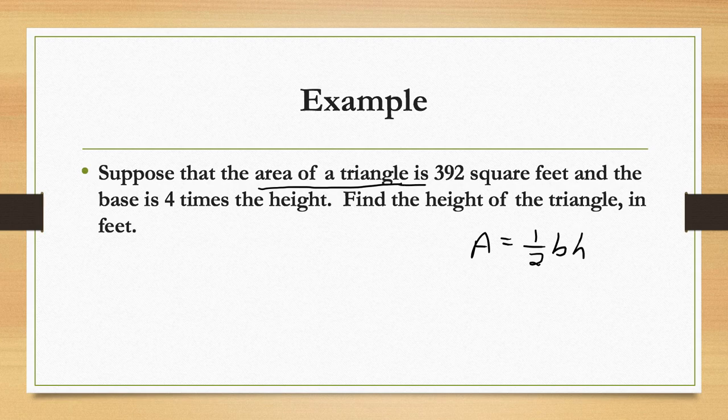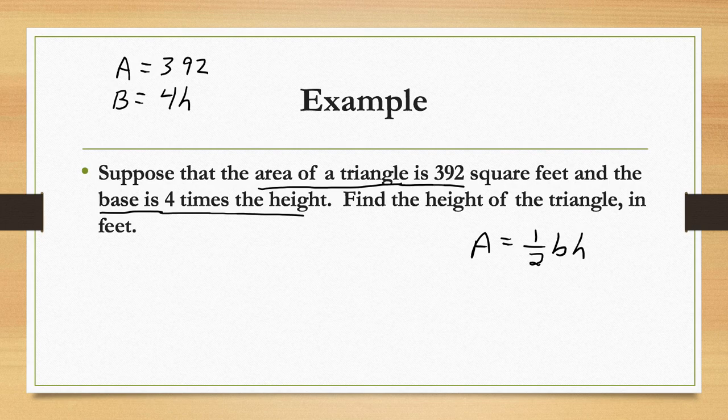We're told that the area of the triangle is 392. We're also told that the base is, so B is equal to 4 times the height, so 4 times H.